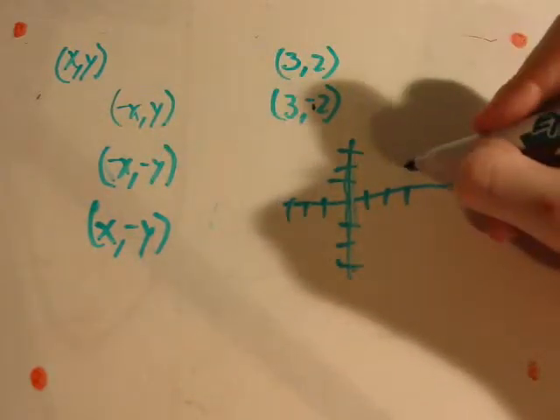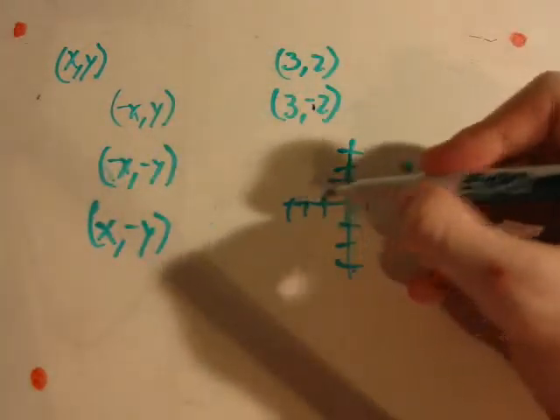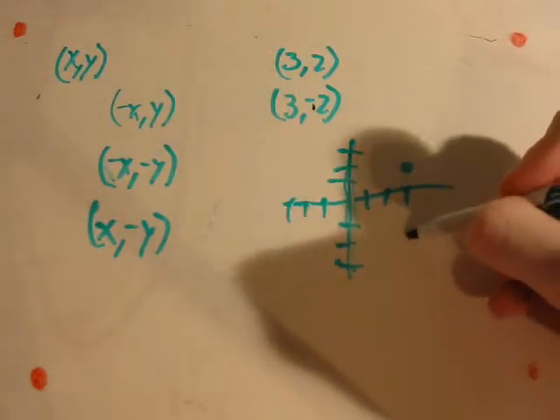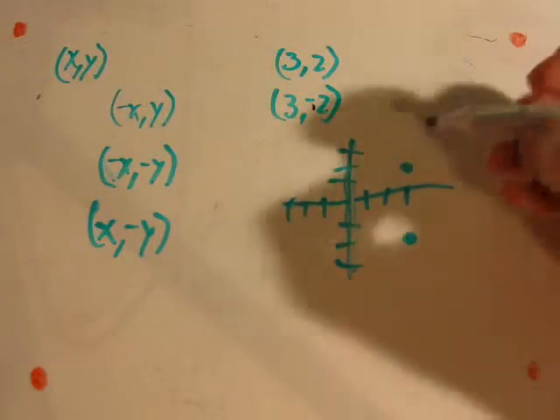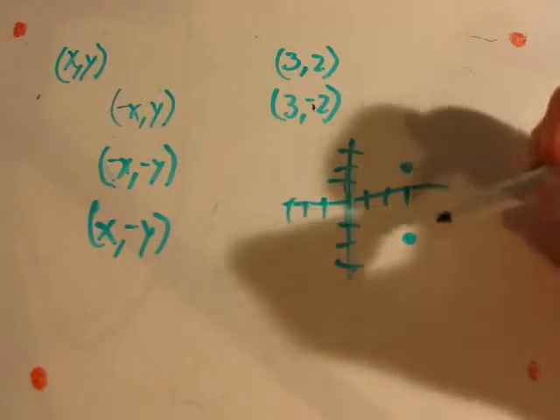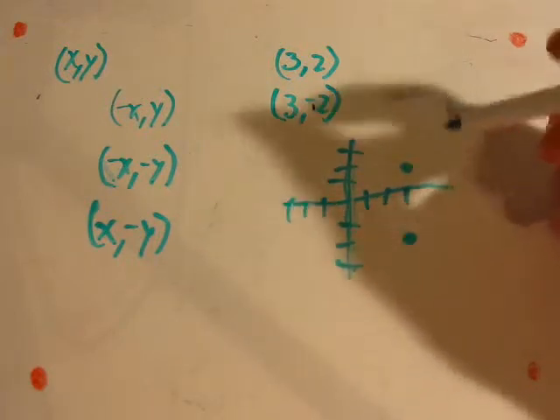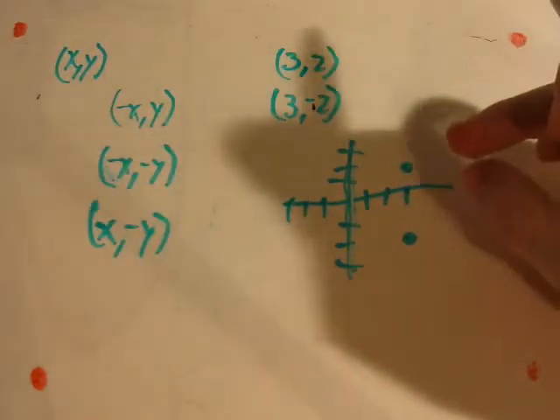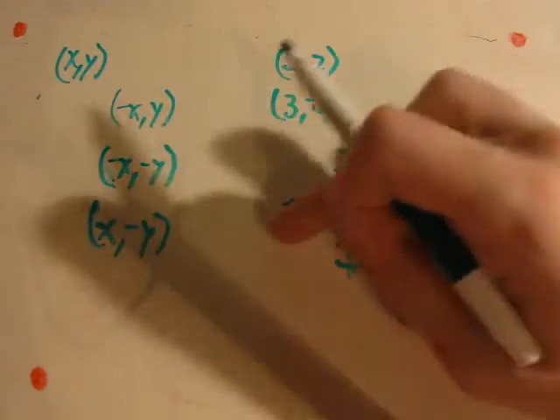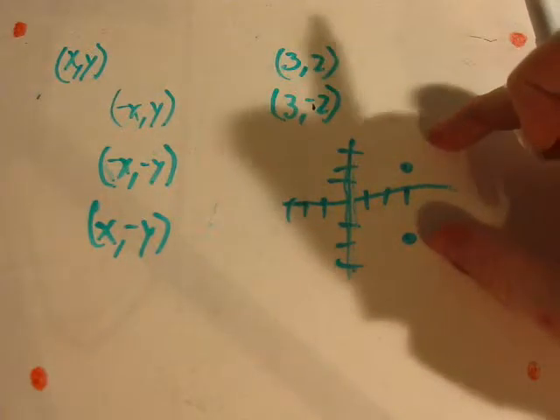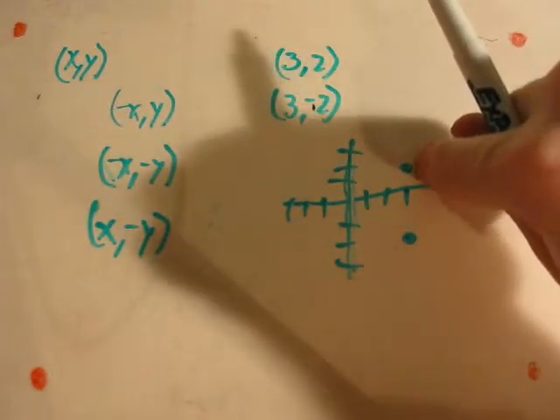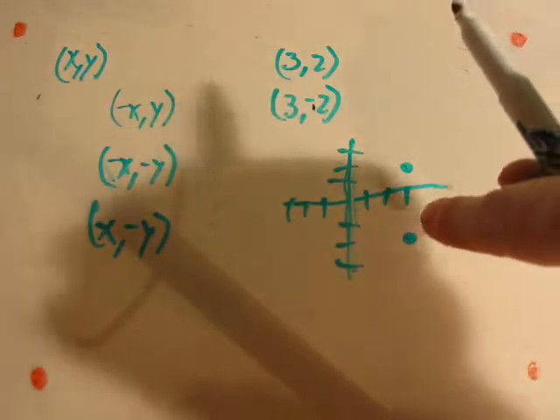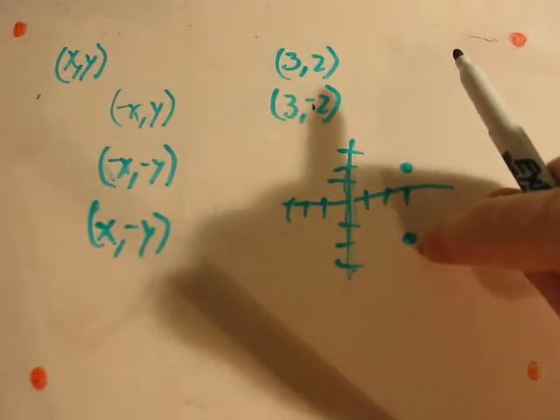So 3, 2, 3, negative 2. Now, of course, my drawing isn't to scale, so it doesn't look the same. But if you graph this out, the folding point, the x-axis, means that this dot will be on the same place on this side of the x-axis.